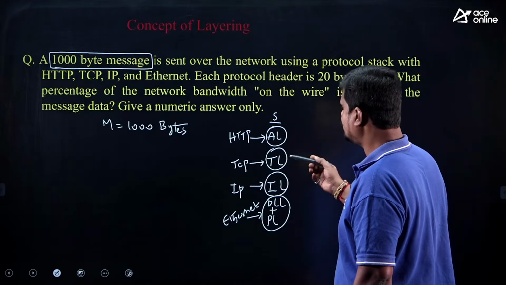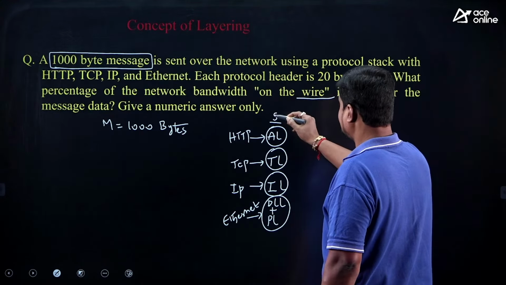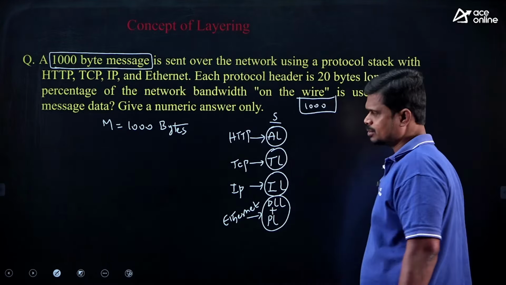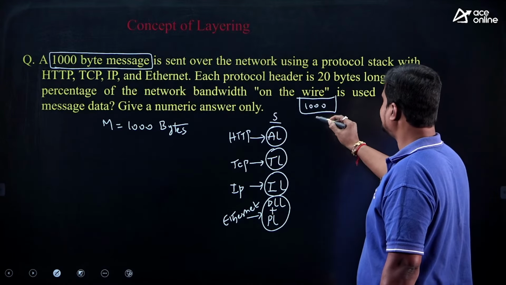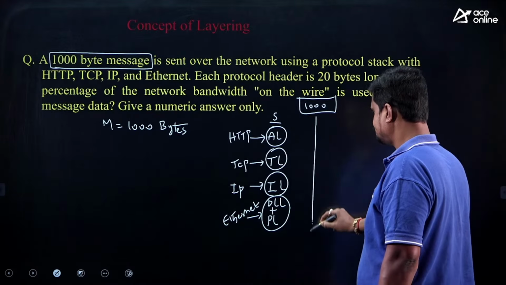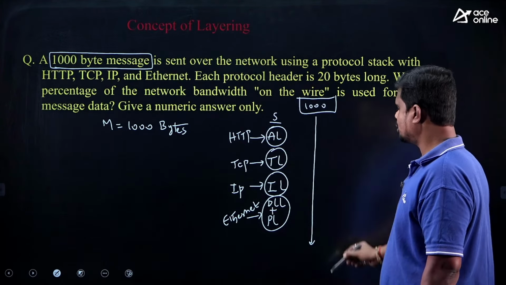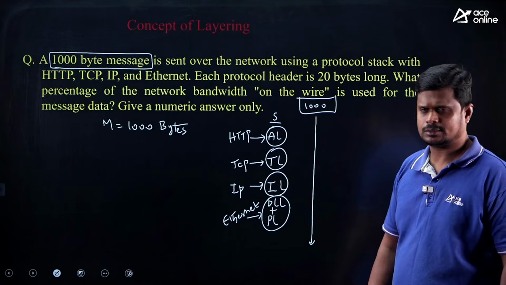Now this is the message. The sender has 1000 bytes of message. This 1000 bytes of message travels in a top down approach. When it travels in the top down approach, obviously at each layer we are appending the header.